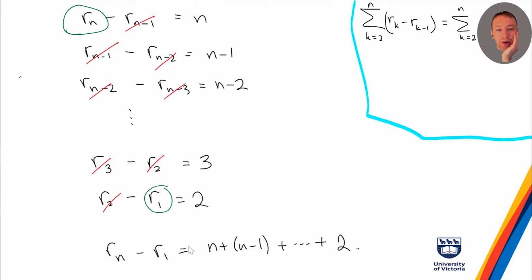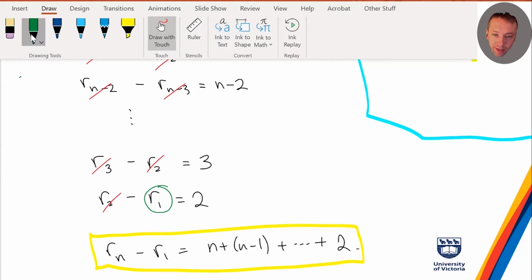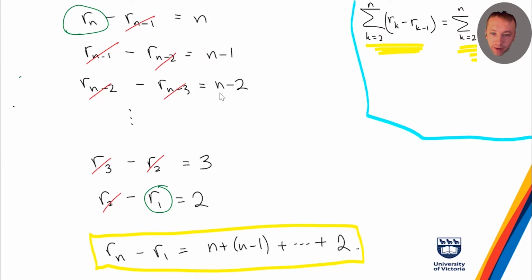Then if I sum up the right-hand side, I just have n plus n minus 1, n minus 2, dot, dot, dot, down to 2. That gives me a very simple equation: Rn minus R1 equals this sum. Writing this out formally, we write all of these equations Rk minus Rk minus 1 equals k, and sum for all k from 2 up to n.